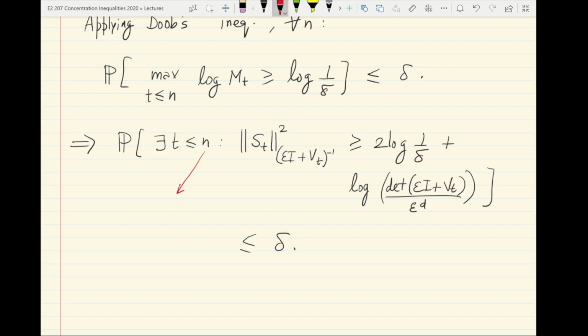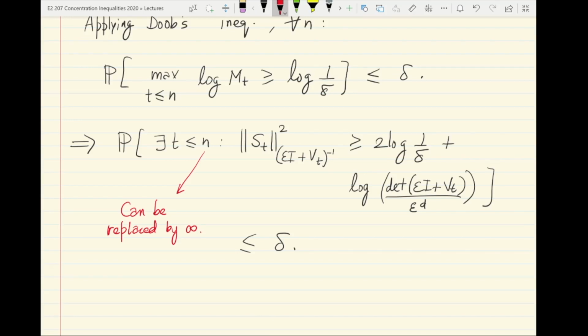There's nothing in this part which depends on the n here. So this n is just any convenient n. So you can let n tend to infinity, which is a technical procedure that we will not concern ourselves with in this class.